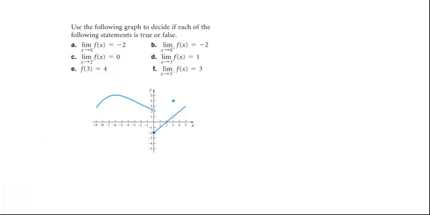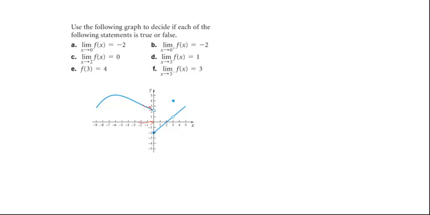Okay, let's try another. This asks us to determine whether these are true statements. The first one says the limit of f of x as x approaches 0, so that means both from the right and from the left at the same time, is -2. Let's test to see whether or not that's true. If we approach 0 from the left, we get a limit of 2.